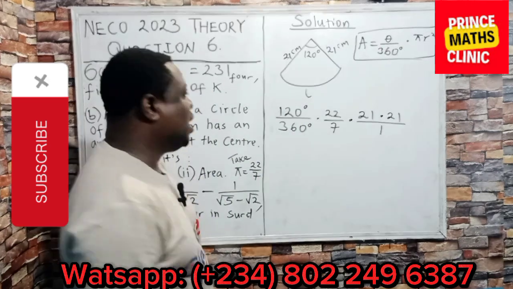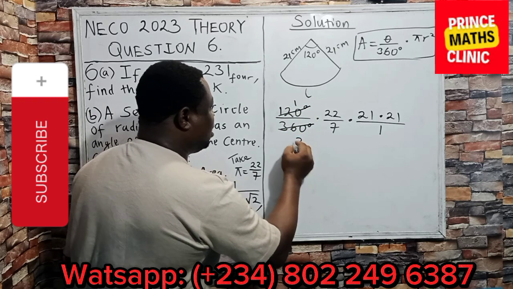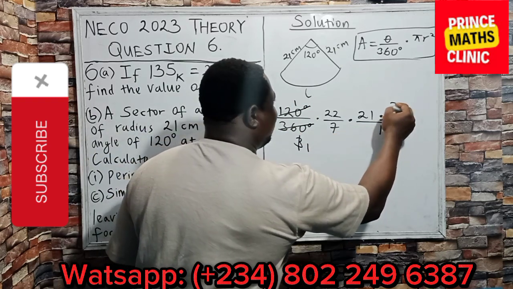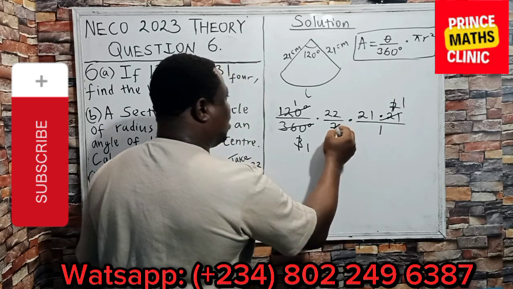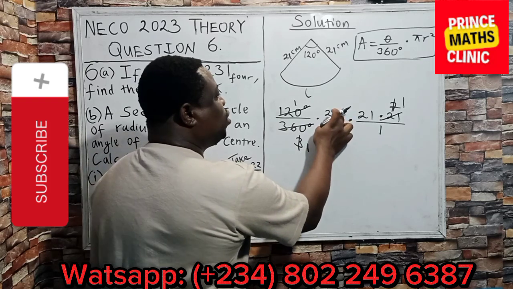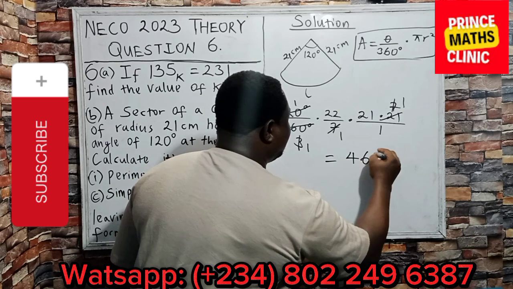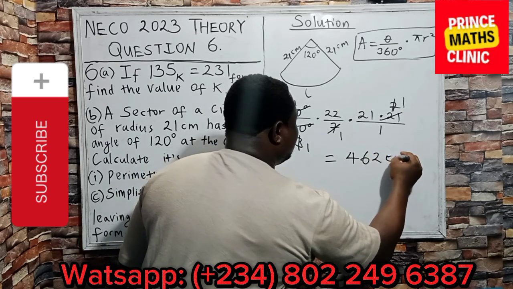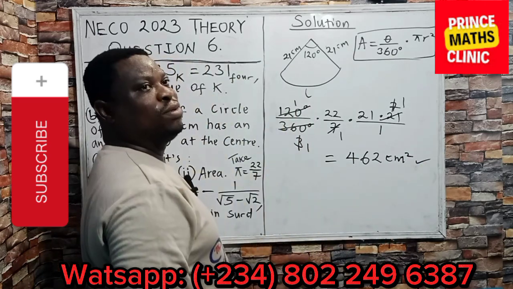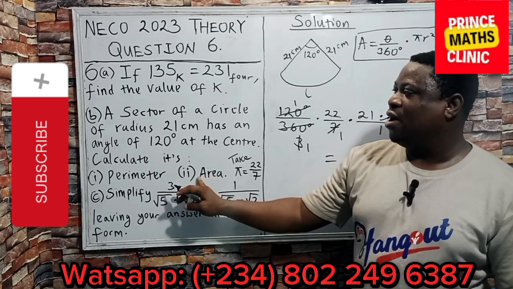Then let's go again. 120 here 1, 120 here 3, 3 here 1, 3 in 21, 7, 7 here 1. Then if you multiply 22 by 21, you are going to get 462. Then the unit is centimeter square. This is the result to the area of the sector.